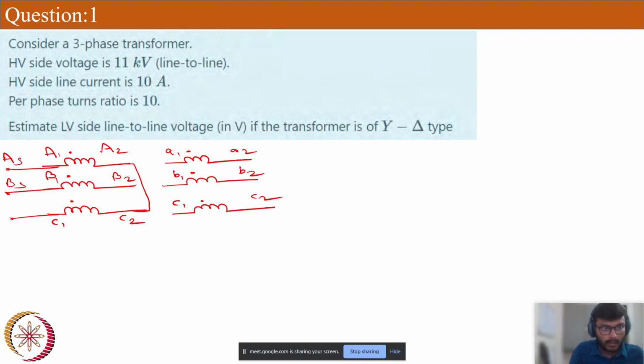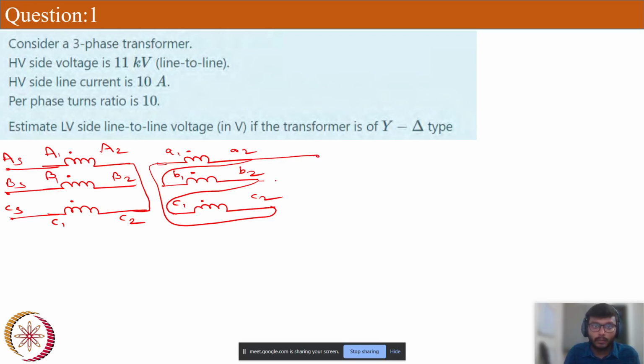AS, BS, CS, and my second is of delta type, right? Now I will take the output at the junctions. That's what the delta connection is. So I have drawn my transformer connection diagram, and we will see what values we are given.